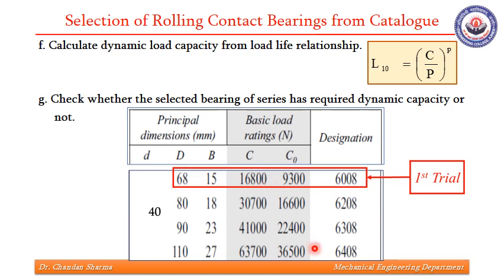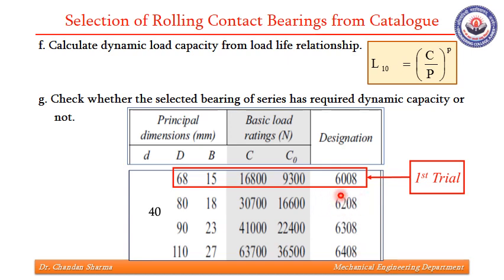So this bearing will not be suitable for us because we require our bearing to have a dynamic load carrying capacity of 18,000 newtons, whereas in actual the bearing only has 16,800 newtons. So what we'll do? We'll move on to the next bearing, 6208.